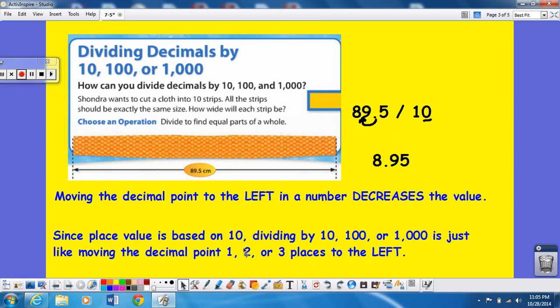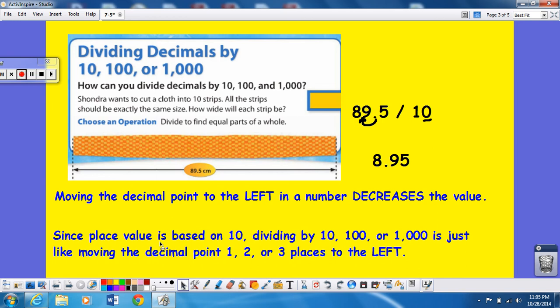I put a couple things here at the bottom I want us to get in our heads, just to help us as we go through the year. When you move the decimal point to the left in any number, you are always decreasing its value. To the left decreases, to the right increases. And for some of you who are having a hard time understanding how we can just have these rules, counting zeros, let's think about the place value system.